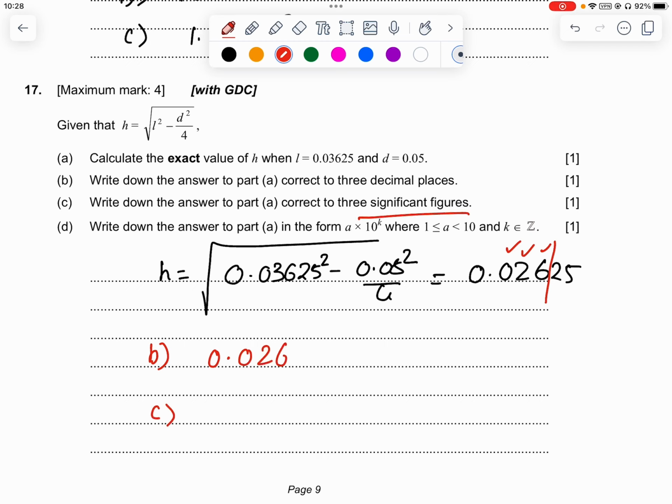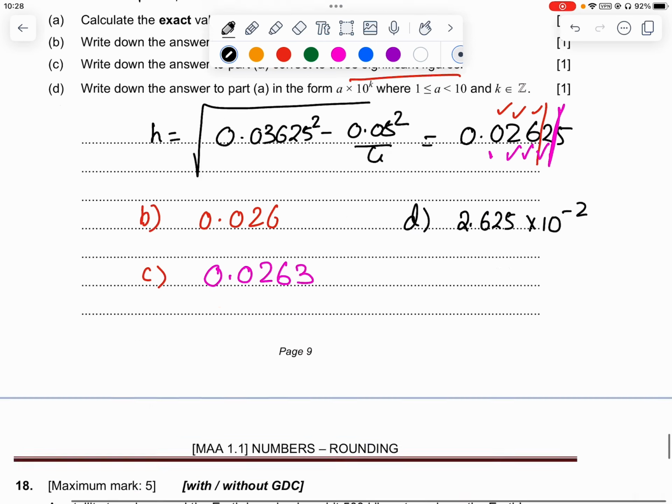Then three significant figures. 1, 2, 3. So draw a line, as it is 5, add one more to that, 0.0263. Then part A, answer in standard form. So 2.625 times 10 power negative 2.